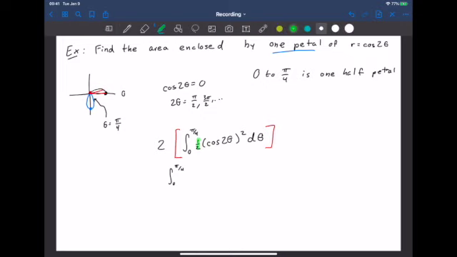This 1/2 does not mean it's half of the petal. That 1/2 is coming from the formula. This 2 is coming from the fact that 0 to pi over 4 is only half the petal, so we need to double it. Okay? To be clear, there's lots of stuff going on. Please, please, please be careful when you're setting these up.